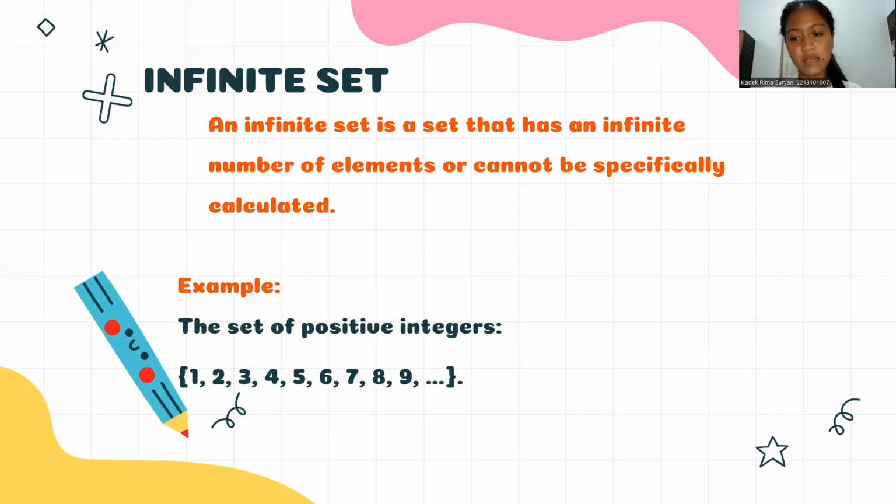For example, the set of positive integers, curly braces 1, 2, 3, 4, 5, 6, 7, 8, 9, and so on. The set of positive integers has no limit and the elements cannot be counted because they can always be added.